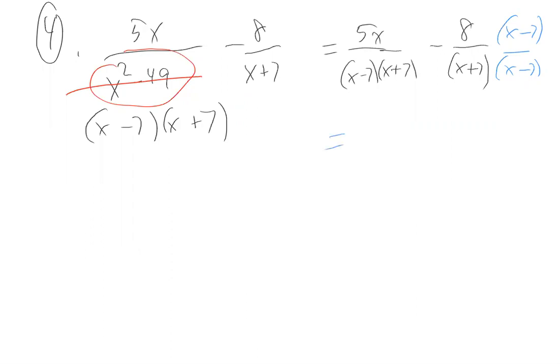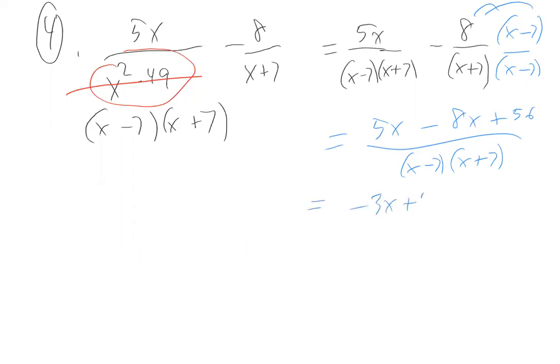So if I distribute this top, this times this and this times this, I would get 5x minus 8x plus 56 all over x minus 7 times x plus 7. Then combine the like terms. 5x minus 8x is negative 3x plus 56 divided by x minus 7 times x plus 7. So that's all. Then let's try number 5.